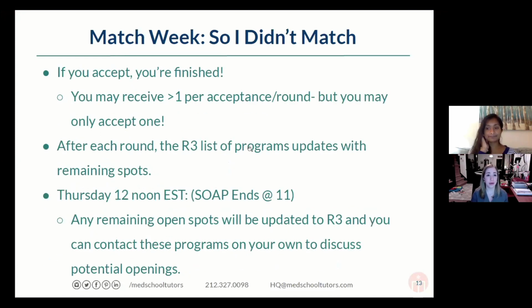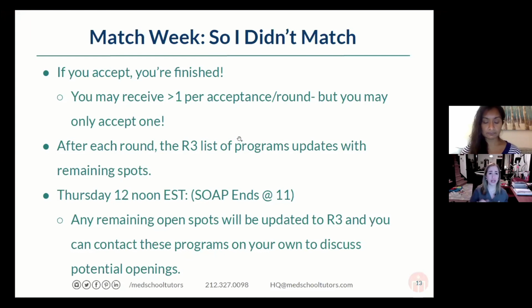All right. So then you get an offer. If you accept, you're finished. You have now matched into a program. Just like I was saying, you can get more than one per round, but you can only accept one. If you reject or let it expire, you enter the next round and wait for another spot. For each round, more and more spots are going to fill, so there will be fewer and fewer spots giving offers.